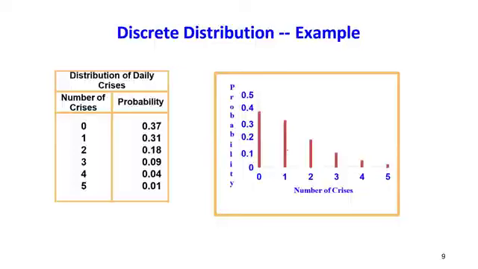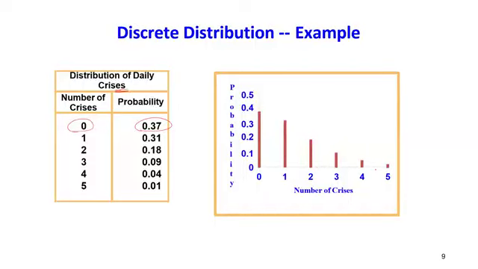So for example, now you have some idea about daily crises. In any region, getting 0 crises, the probability is 37%. People capture this kind of data: the number of crises and the probability of that many crises occurring.